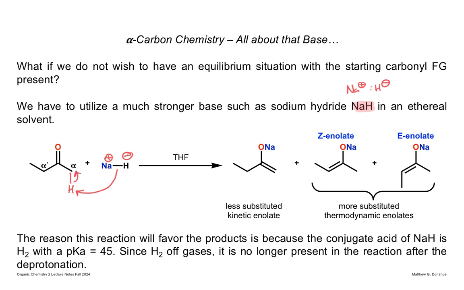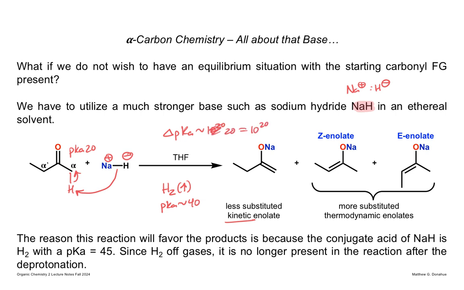So that would generate the kinetic enolate, and then you end up forming H2, which is a gas. And the pKa of that, I think is about 40. So if you're starting from a pKa of, we'll just say 20, the difference now is 20.